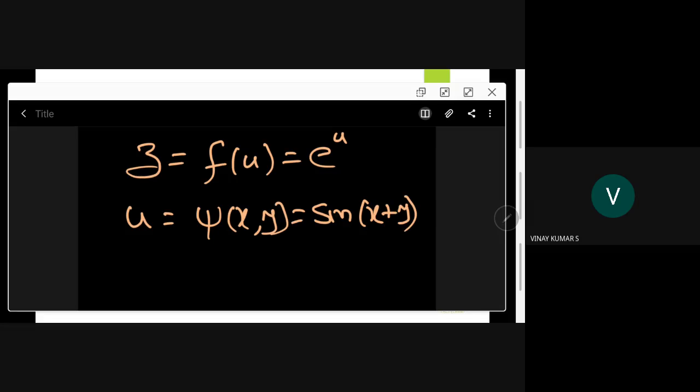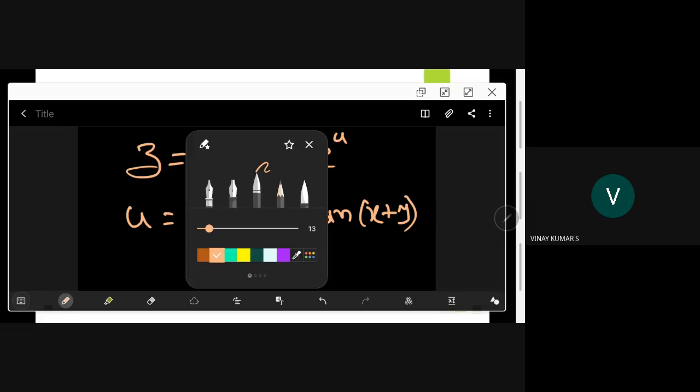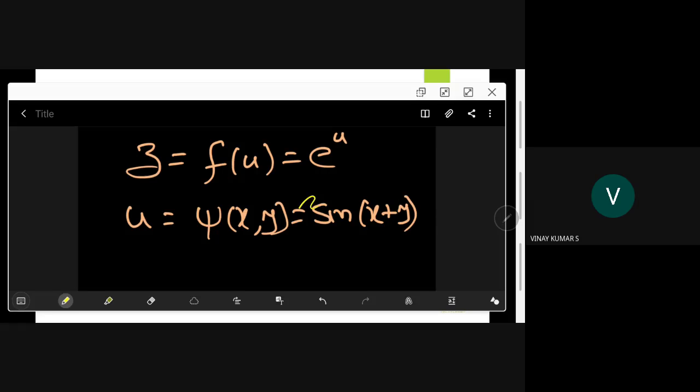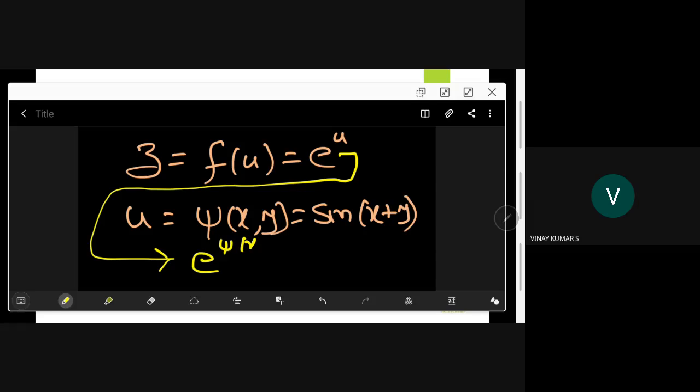On the other hand, if you compose u with z, then what is happening? This can be viewed as e power u, where the u value is psi of xy, nothing but e power sin x plus y.